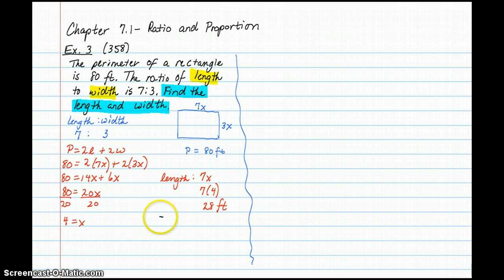And the width is going to be 3x, so 3 times 4, and so 12 feet. So the width is 12 feet.